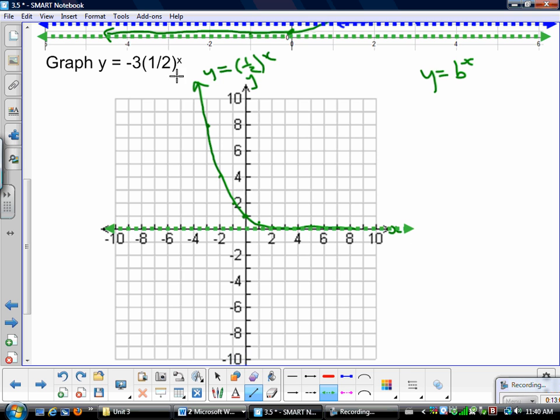So now what they've done with this, they have put a -3 in front of here. So what that means is every single one of these points is transformed by -3. So instead of being at 1, it's going to be at -3. If there was just a negative here, it would be negative in front of all these points, and all these points would then move down.